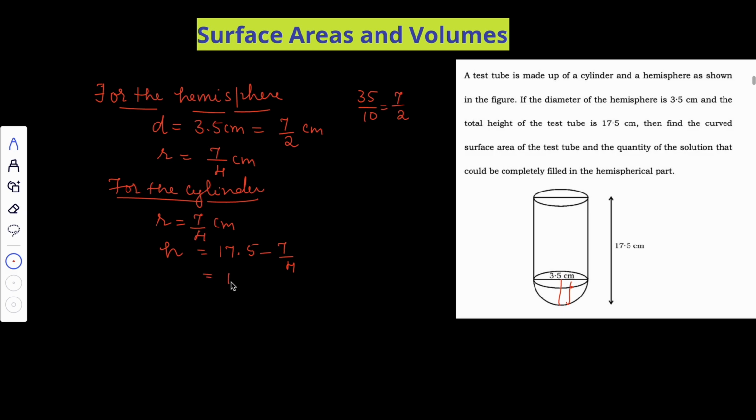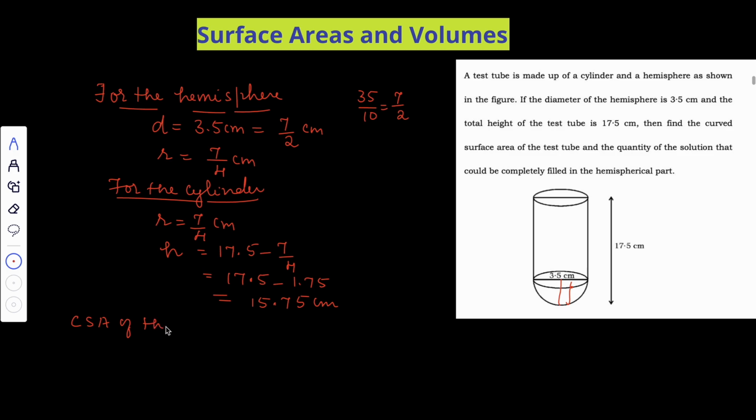So we are getting 17.5 minus 1.75, that is equal to 15.75 centimeter.